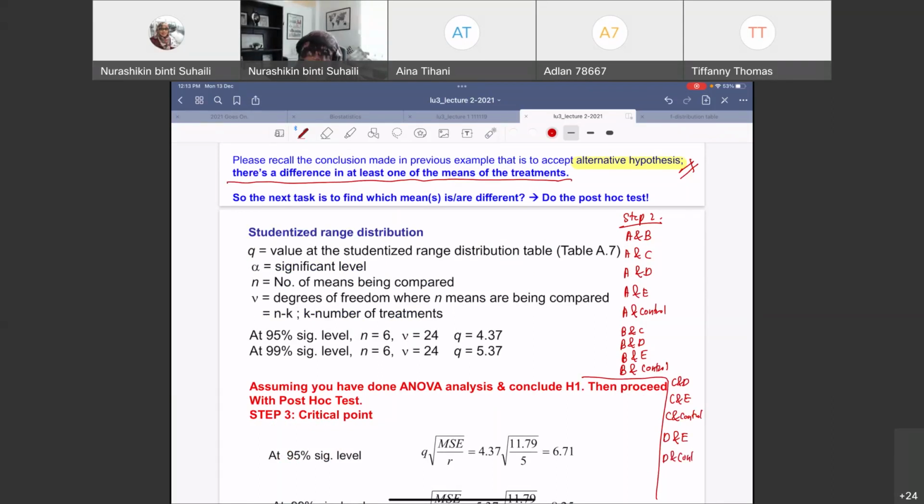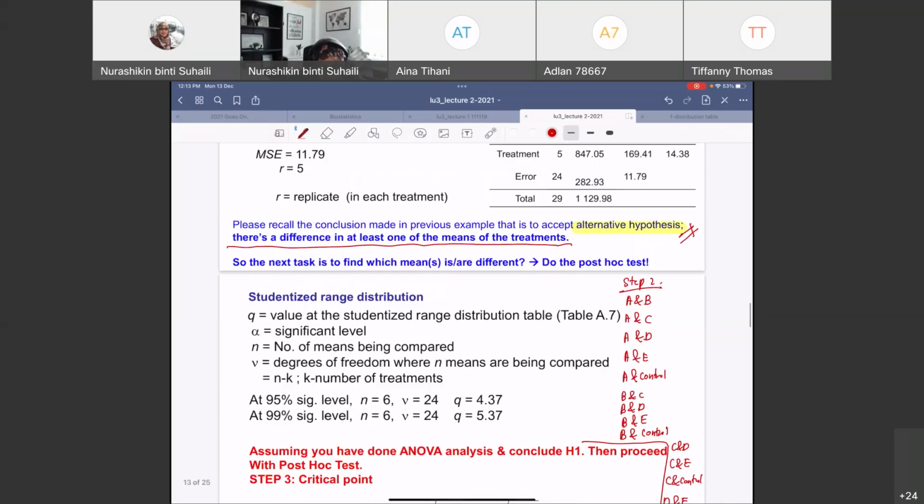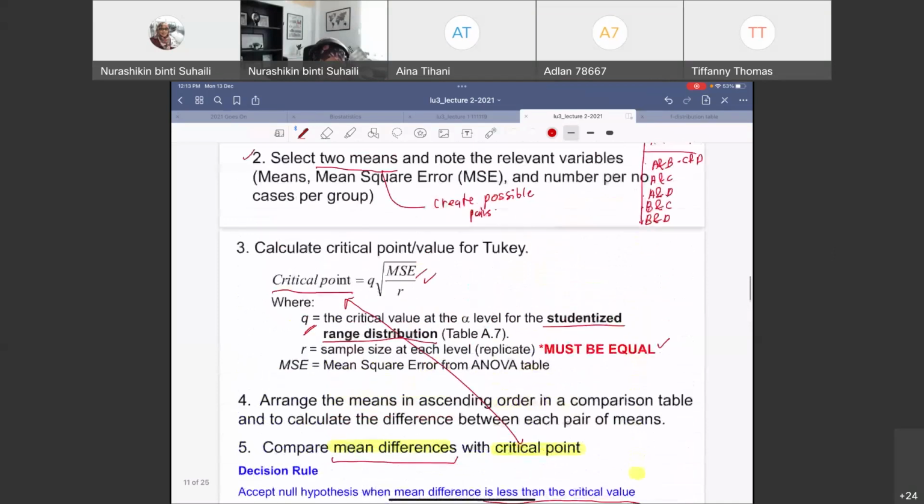That's the end. Those are the possible pairs. A pair means two, so that's why there are two for each. So that is step 2, select two means.